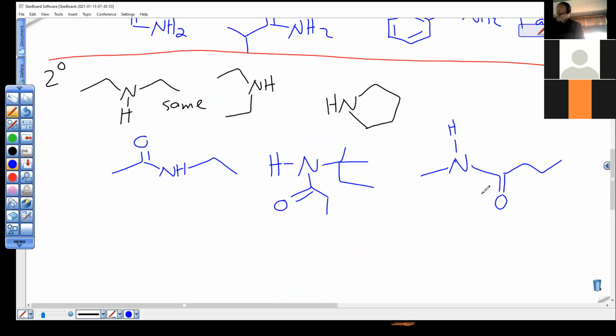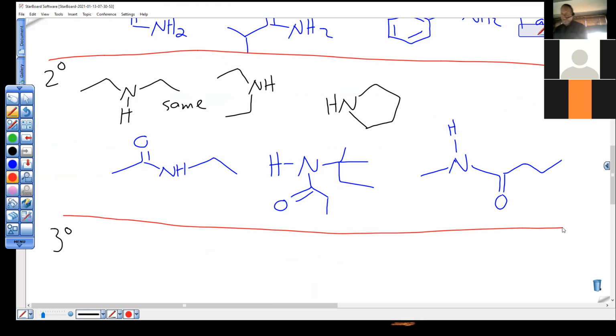And tertiary. We can have, this is a very common base used in organic synthesis, triethylamine. Don't worry about its name.